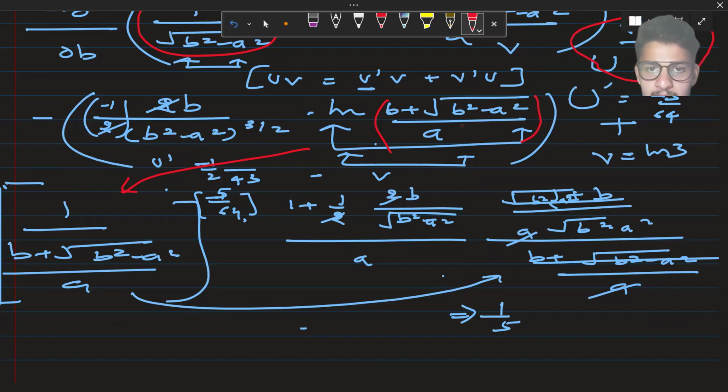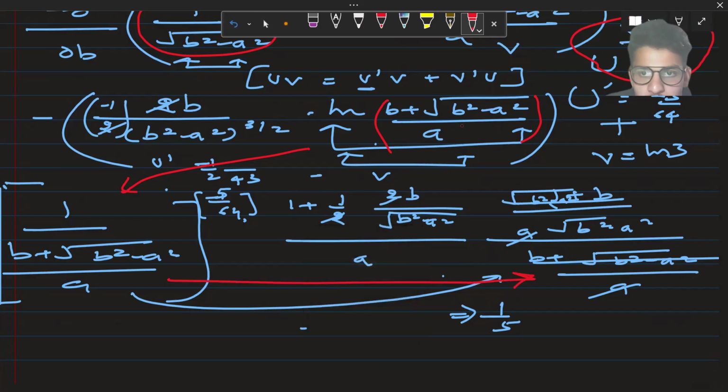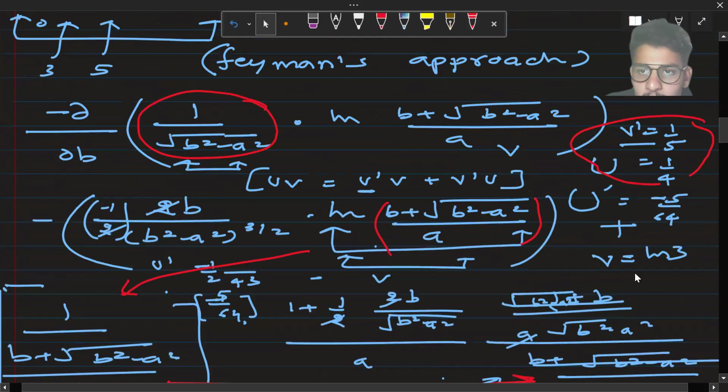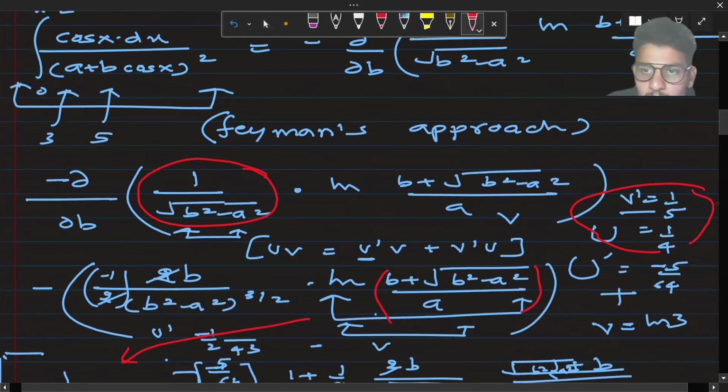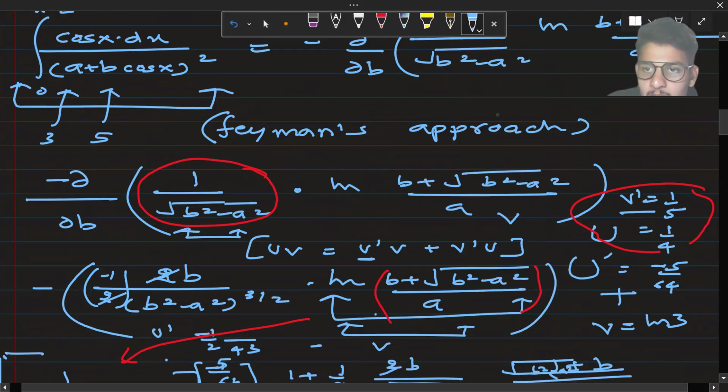So 2 will get cancelled and we receive 1 plus b upon root over b square minus a square upon a. Root over b square minus a square plus b upon root over b square minus a square will be there. So the numerator will get cancelled and we will receive the answer as 1 minus root over b square minus a square. These both will be 1 by 4.